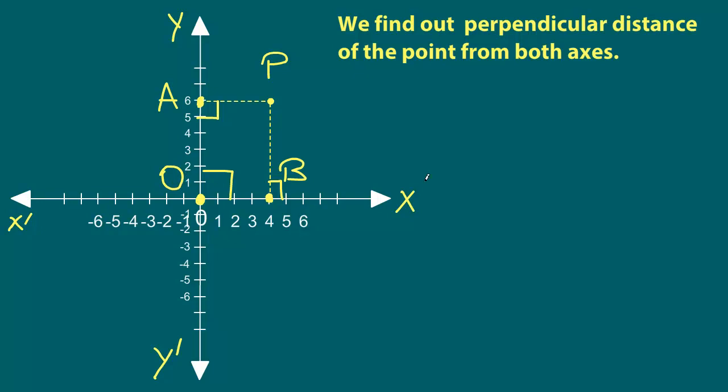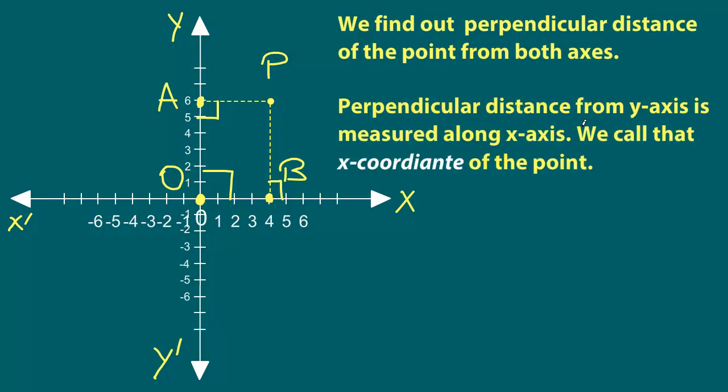After we have dropped the perpendicular distances, René said that the perpendicular distance from the y-axis, this is the y-axis, is the length AP. This is how far away the point is from the y-axis.